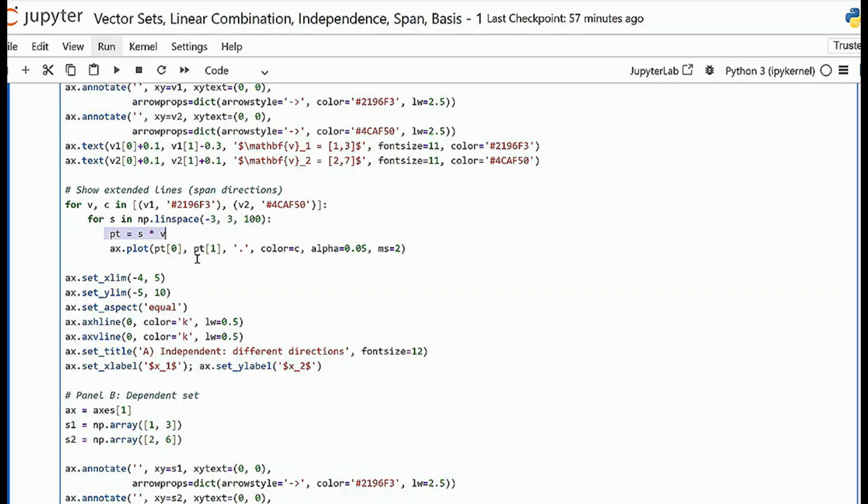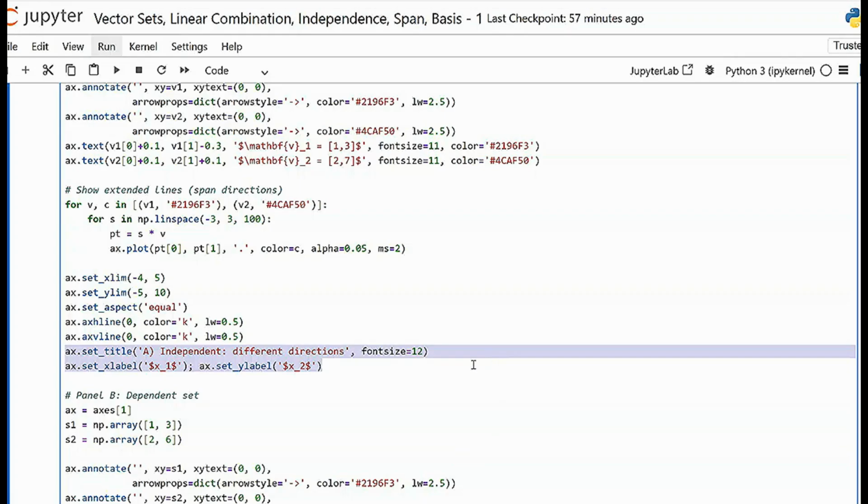Kindly observe, dear friends, we are going to plot as many points along each direction, which visually forms lines through the origin. Next here is standard formatting for equal scaling of the visible axis. And let us have our title that emphasizes vectors point in different directions.